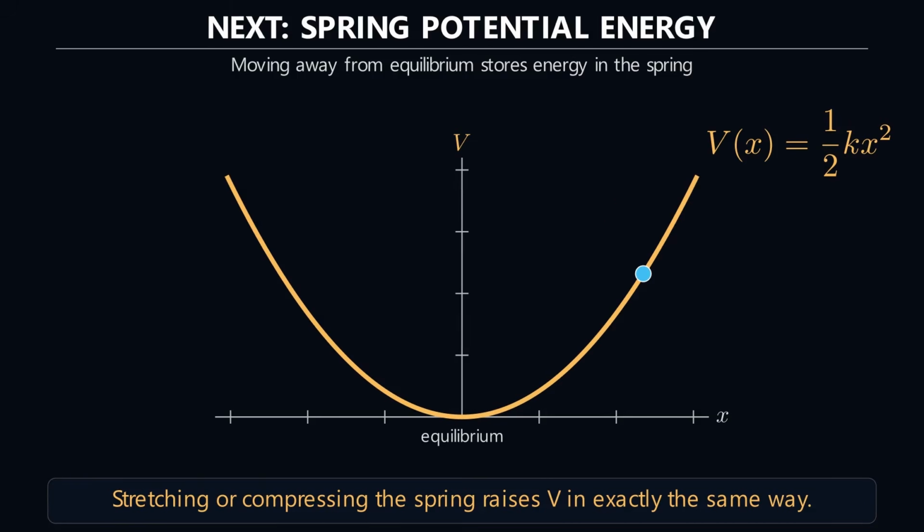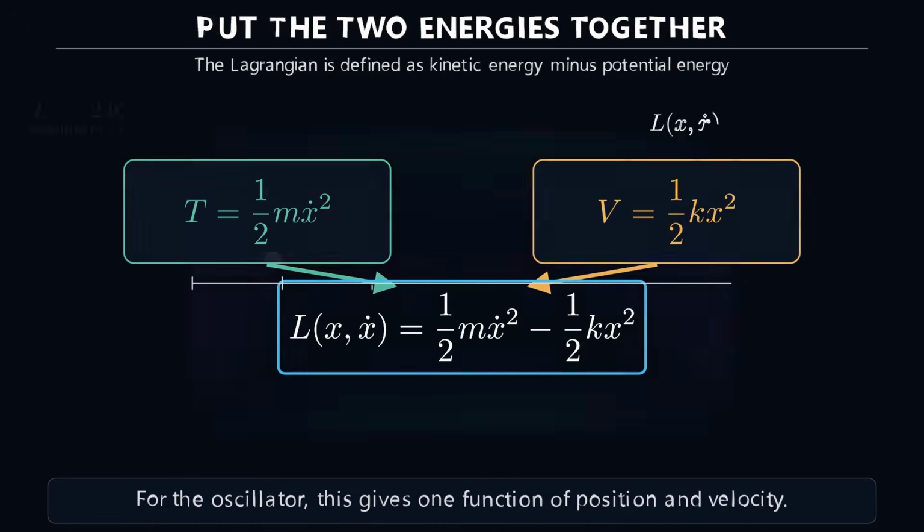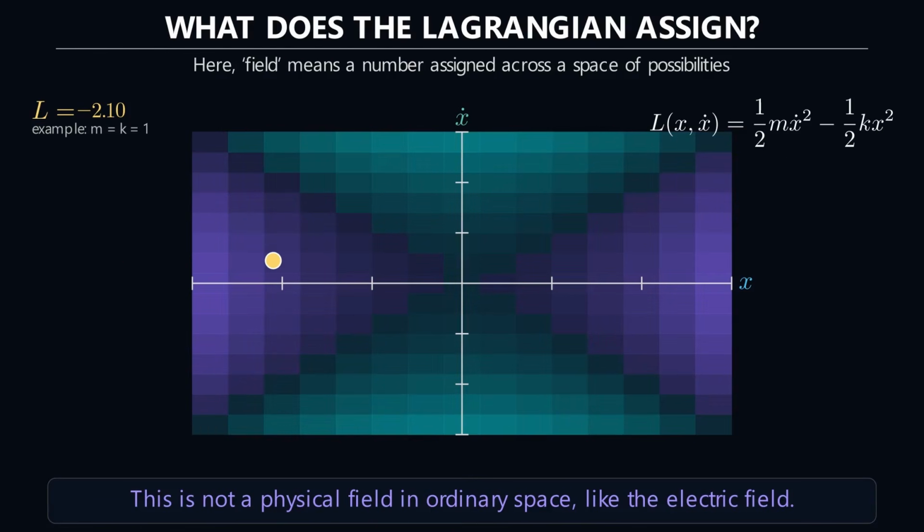Lagrangian mechanics combines the two scalar quantities into a new function. For our oscillator, the Lagrangian is 1/2 m x dot squared minus 1/2 k x squared. The word field in the title needs a quick clarification.